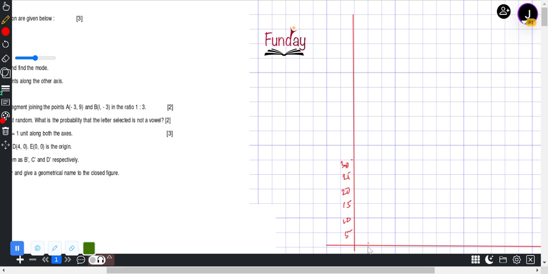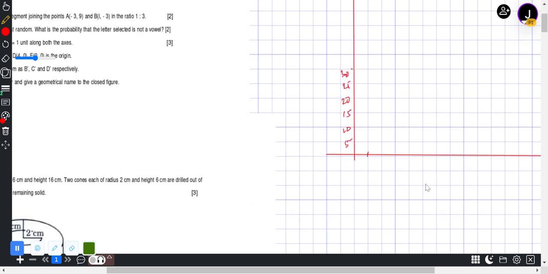And here we have this is 5, this is 10, this is 15, this is 20, this is 30, this is 40, this is 50, this is 60.